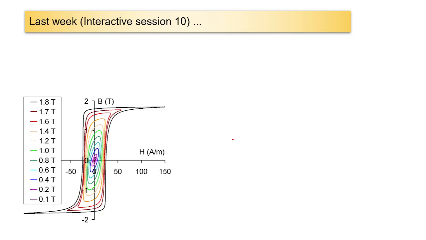Then we moved on to the origin of the different types of magnetism that we see in the materials around. We had discussed paramagnetism and diamagnetism. This week's content was mainly about the origin of ferromagnetism that we see in ferromagnetic materials.